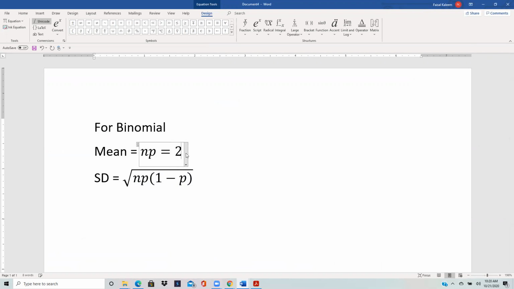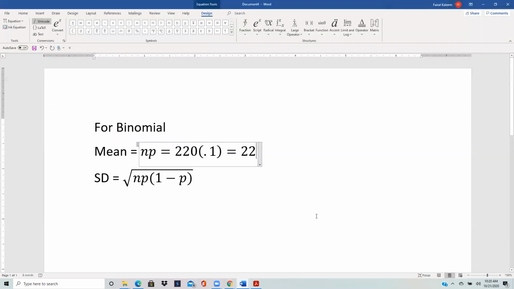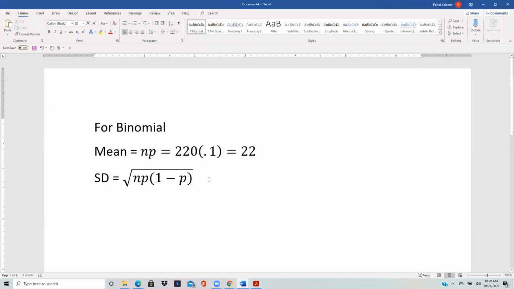So this would be 220 times 0.1 equals 22. And then tell me what the standard deviation will be. Let's see.